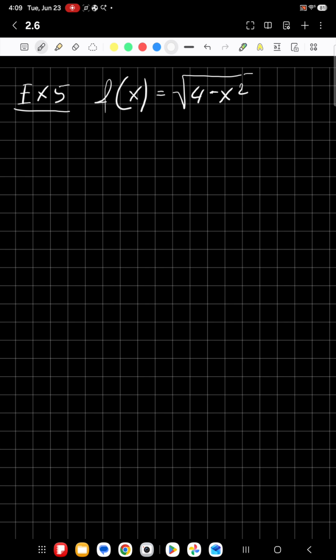Okay, so this is half a circle, and the graph looks like this. So this is 2, negative 2, and the graph looks like this. So it's part of the perfect circle.